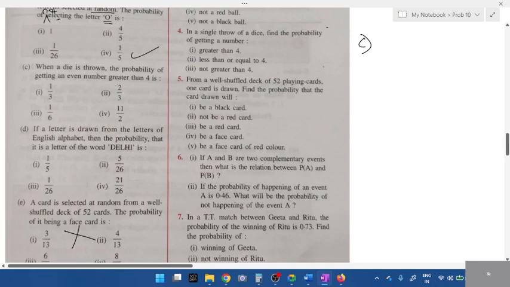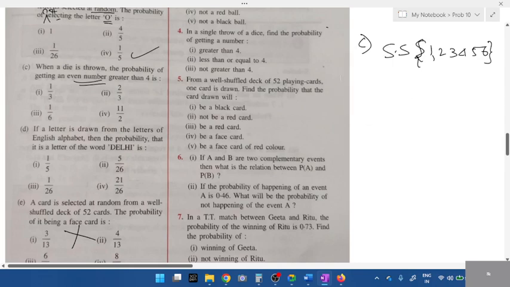Okay, what is C students? A die is thrown, the probability of getting an even number. What is the sample space for a die? Total how many numbers? Yes, 1 to 6. In that greater than 4, how many numbers are greater than 4? Greater than 4, should I write 5 and 6 or only 6?